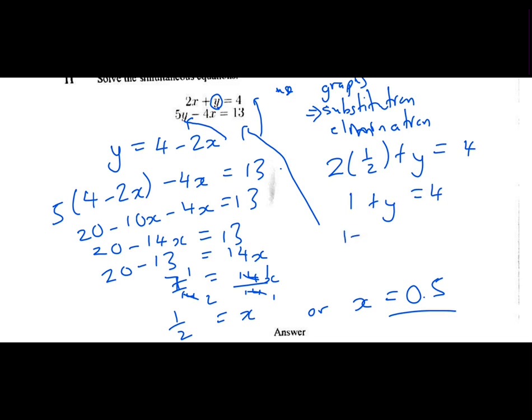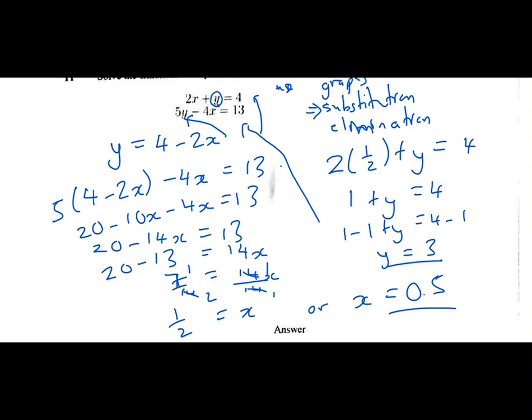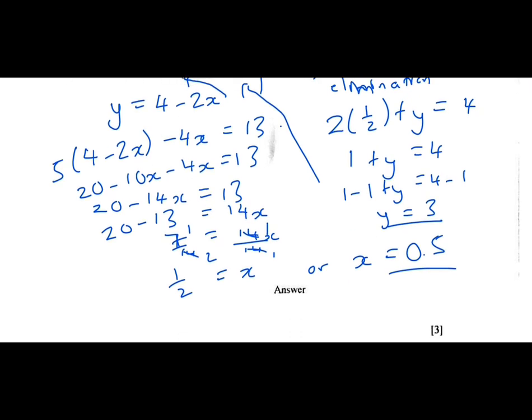So 2 times 1 over 2 gives us 1, plus y equals 4. Then we can eliminate the 1 from both sides. Then we have y is equal to 4 minus 1, giving us y is equal to 3. So the value of x is 0.5 and the value of y is 3.